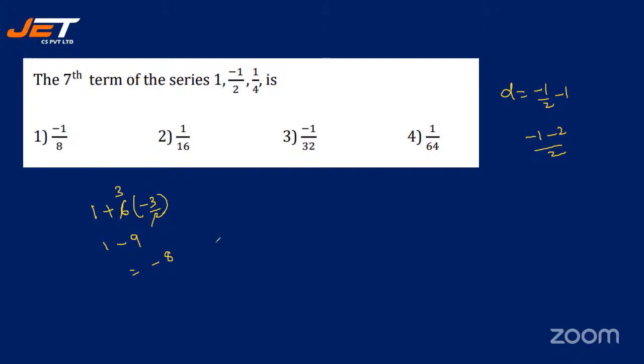Let's see the option. It is 1 by 64. This couldn't be, no, because when we are doing it in the formula, a plus n minus 1, 7 minus 1, 6 into d is T2 minus T1. So minus half minus 1.